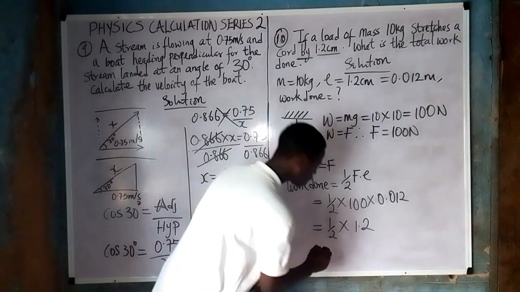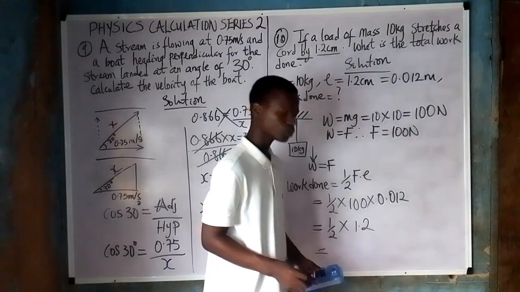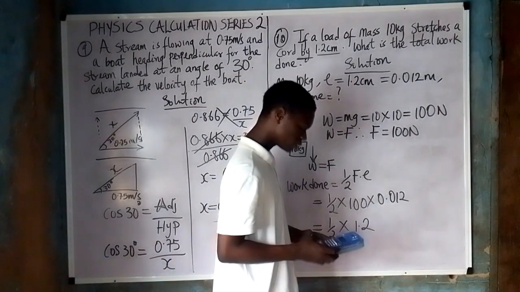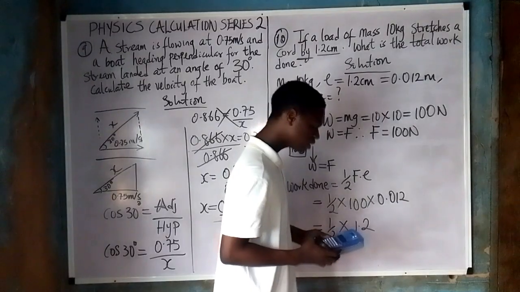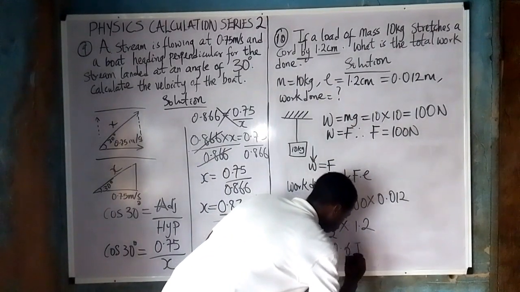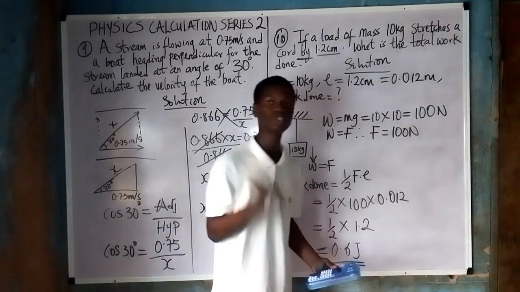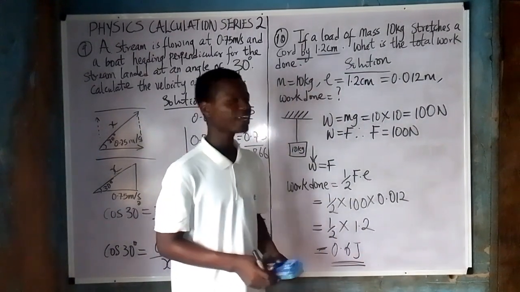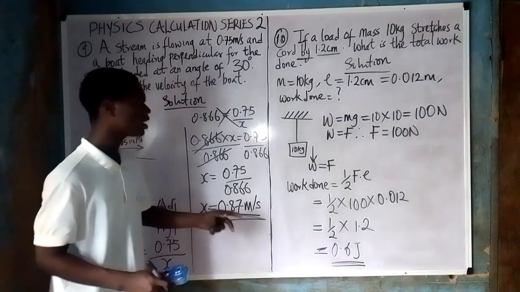Okay? So what do we now have? Work done will now be equal to 1/2 times 1.2. That gives us 0.6 joule. Why joule? Because joule is the standard unit for work done. So guys, you are free to go through it and see how everything was solved.